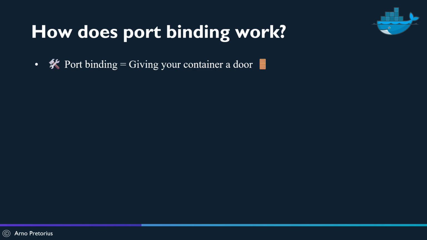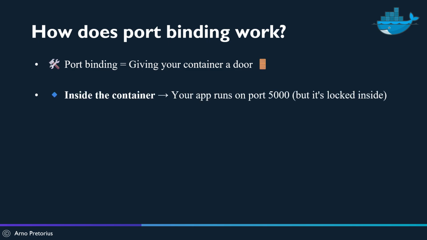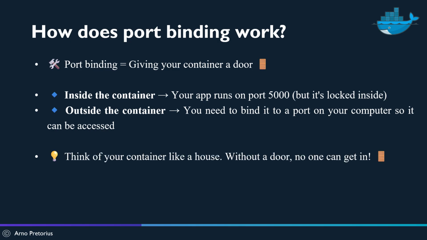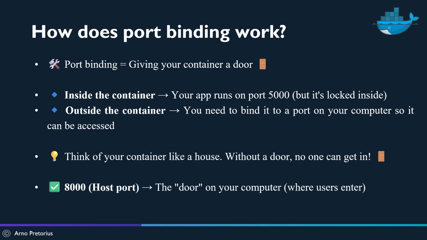Port binding is like giving your container a door. Inside the container, let's say our app runs on port 5000, but it's locked inside. Outside the container, you need to bind it to a port on your computer so it can be accessed. Think of your container like a house: without a door, no one can get in.